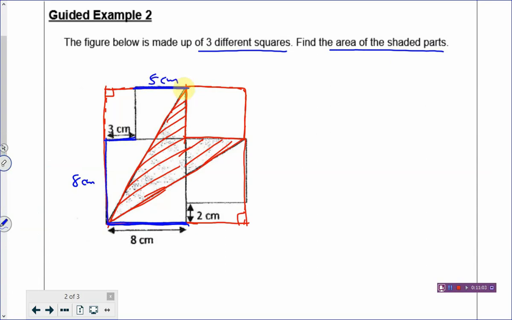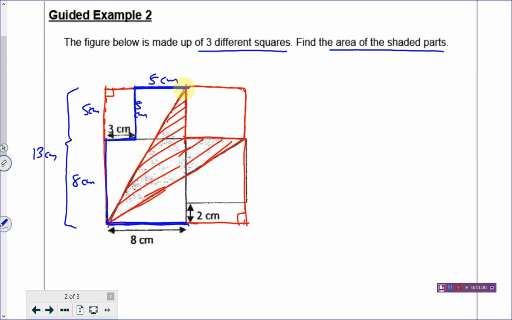And because you have a square, this is 5, this is also 5. So this side is 5 cm, which means that over here, you have 5 cm as well. Which means that the side of this big rectangle is 5 plus 8, 13 cm.